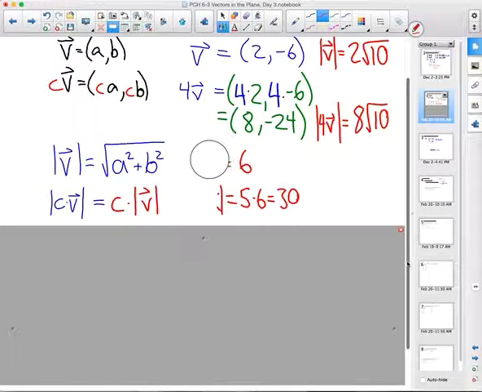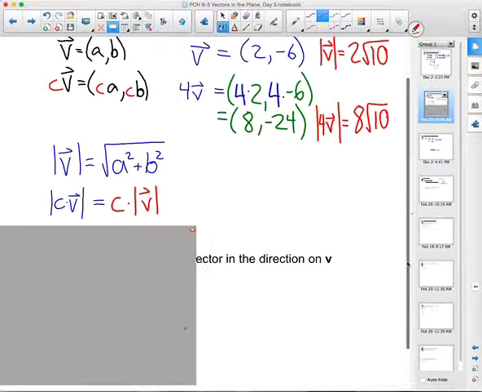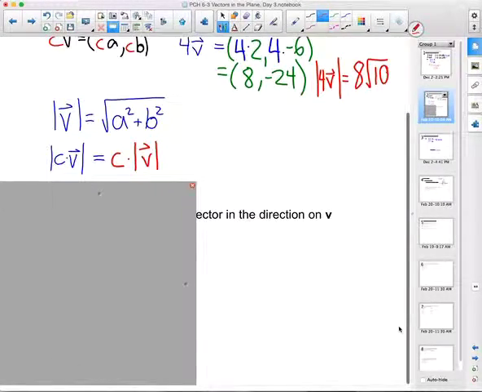Before we get to the next thing here, let's say that we had a vector u, and u is the vector, let's go with negative 7 thirteenths, 24 thirteenths.